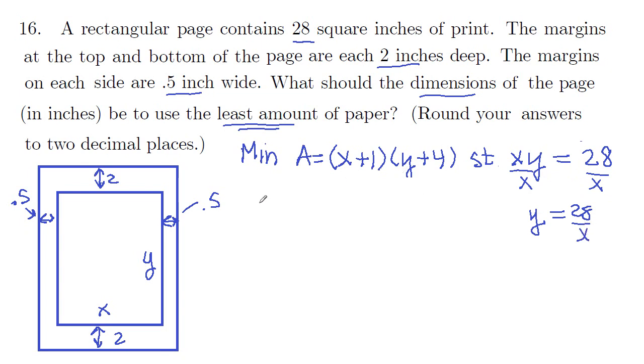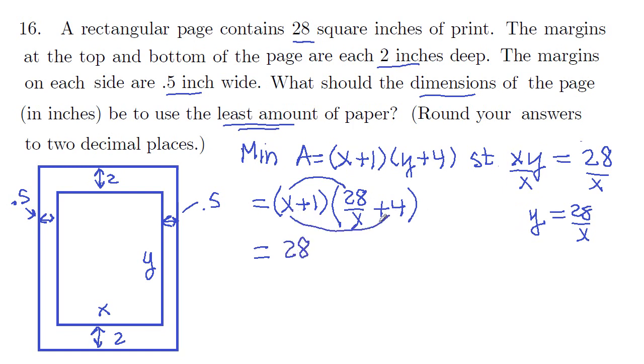So then rewrite that. This will be x plus 1, and then our y is 28 over x, so 28 over x plus 4. And let's go ahead and multiply that out. First terms, x times 28 over x, the x's will cancel, 28. Outer terms, 4x. Inner terms, 28 over x.